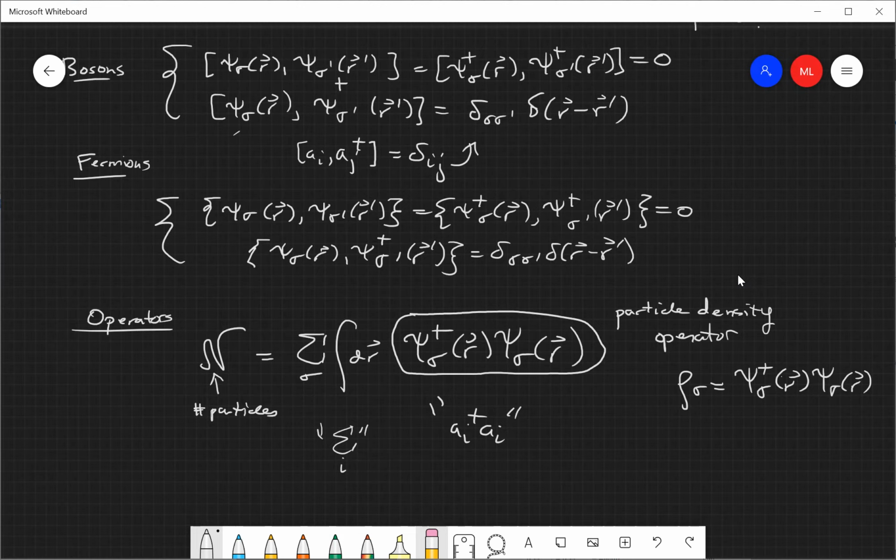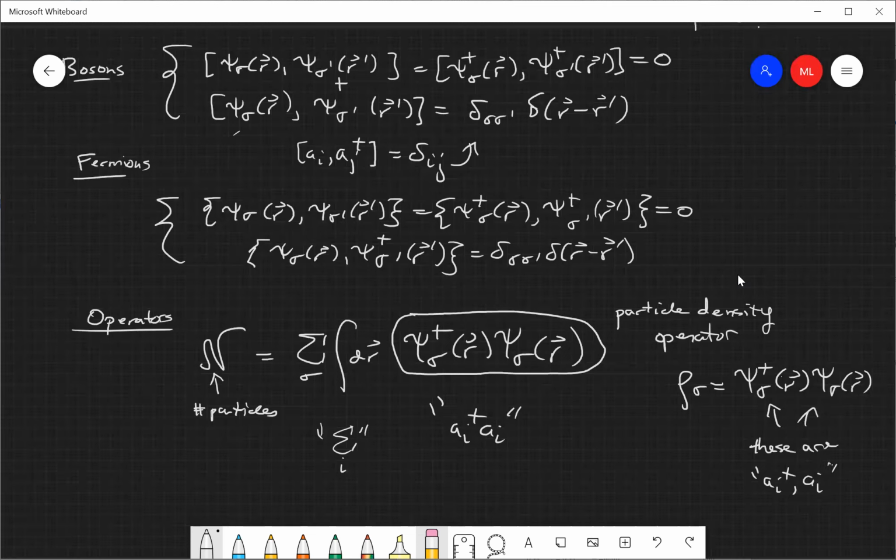It's very important to recognize that these psi's are, in fact, creation and annihilation operators. They're written in terms of psi for historical reasons, but they are operators, and they're not wave functions. They're the same as a_i dagger a_i, but for position space.